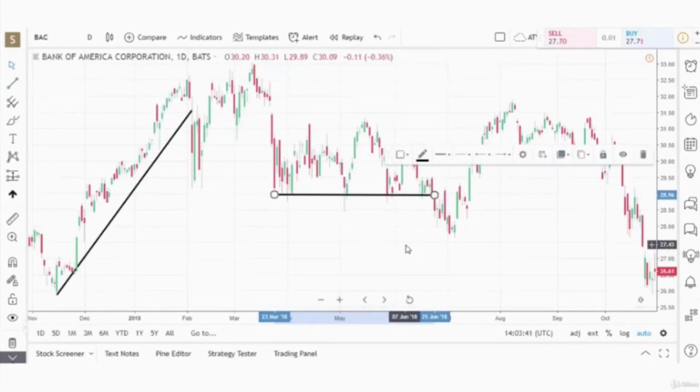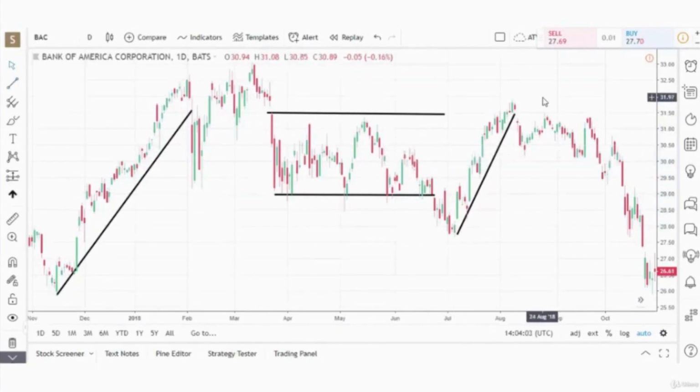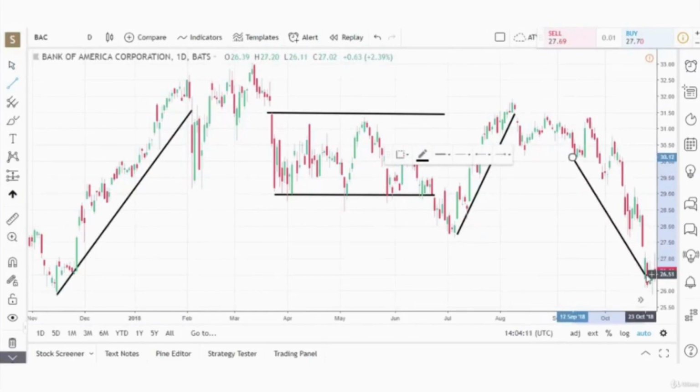And don't worry, we'll talk about support and resistance in our next video. And a resistance line here. So basically the stock trades sideways in a consolidation pattern. The stock then moves into another uptrend here. And then this is followed by a downtrend when the stock is falling in price here.